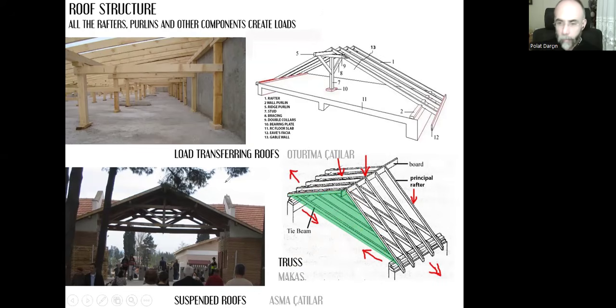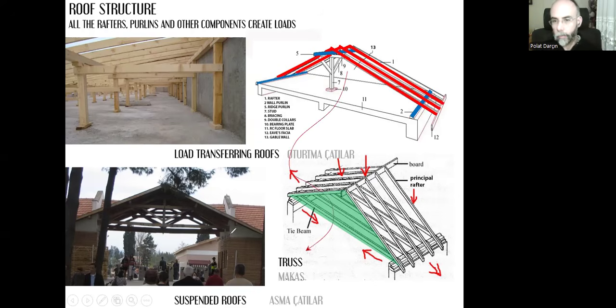Makas. And I multiply these trusses in one direction, and place the wall purlins and the ridge purlin and the rafters over these trusses, so that the loads will be transferred to the truss, and each truss will transfer the loads to the supporting surfaces on its sides, like that.